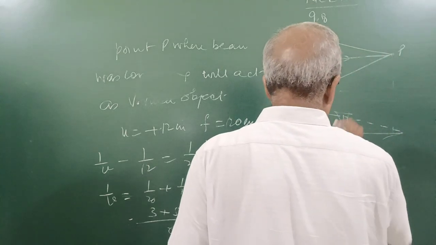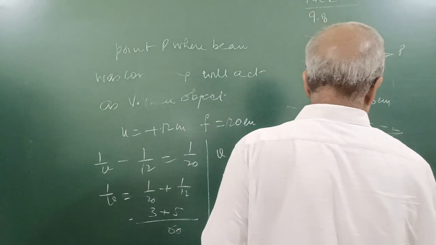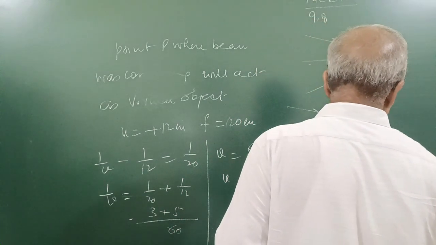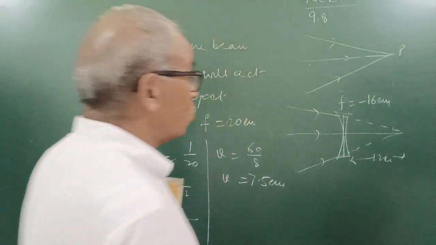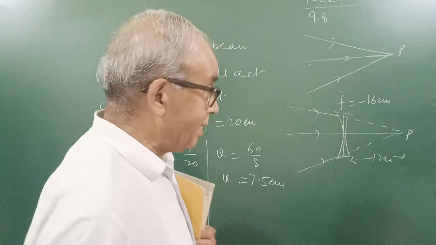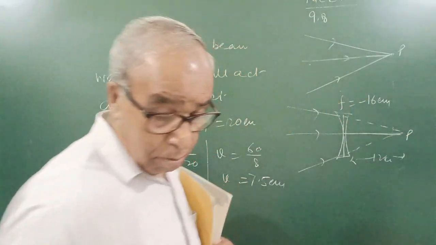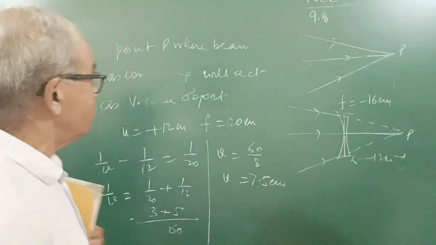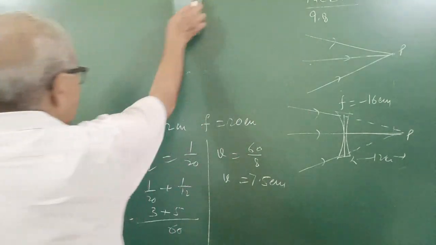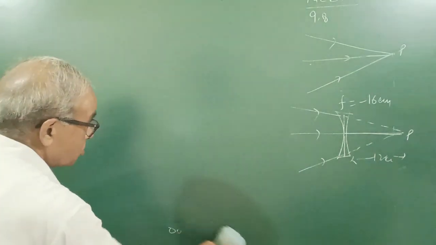The focal length of this lens is minus 16 centimeter, at 12 centimeter. Again, for this concave lens, point P will act as a virtual object. Object distance is negative for real, but for virtual it is positive because distance is measured along the direction of incident rays.